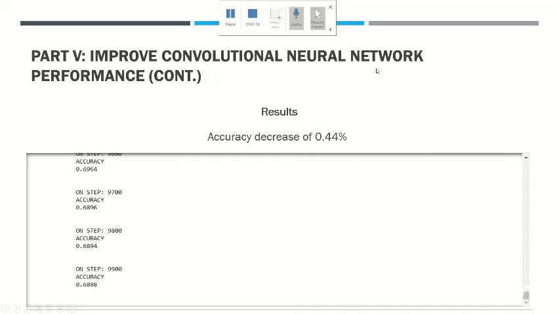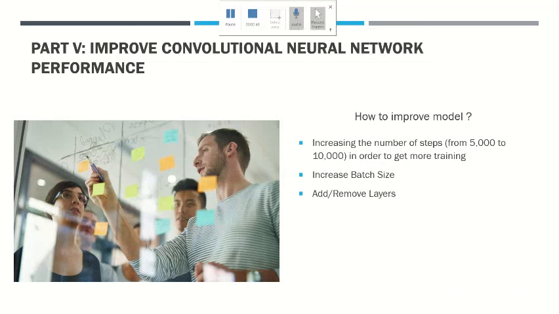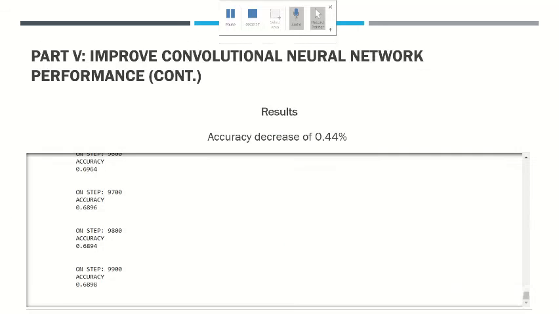I thought that was very interesting and insightful, because whenever you're working with these kinds of models, there's quite a few things that you can do to improve them. But just to reiterate, in my scenario, I just ended up changing the number of steps, and that's how I got my final product.